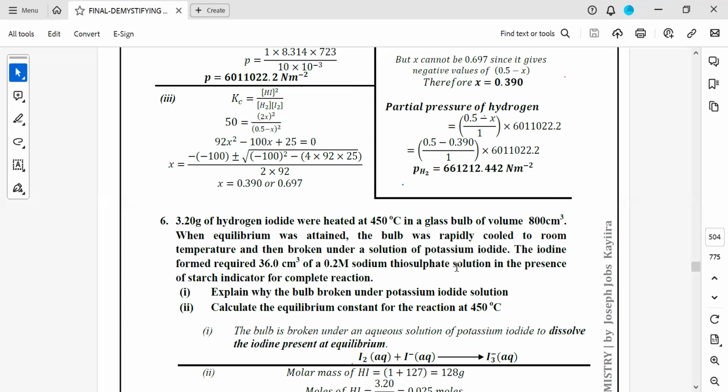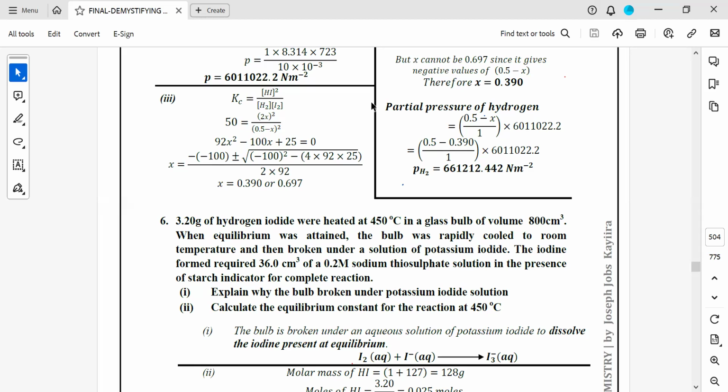So when finding the equilibrium constant here, what are we finding? Are we finding the Kc or the Kp? Who can tell us which equilibrium constant we are finding in this question? According to the question, which equilibrium constant are you finding, Kp or Kc? Okay, someone is saying Kc.